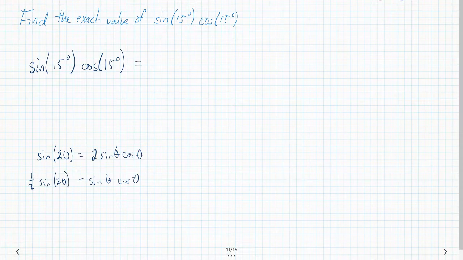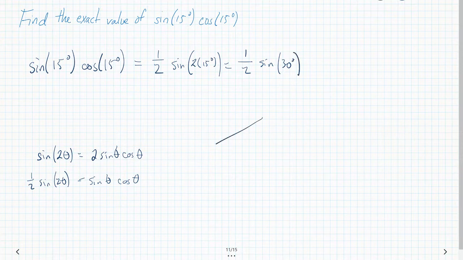So this would be the same thing as 1/2 sine of 2 times 15 degrees, which is just 1/2 sine of 30 degrees, which is a lot more convenient for us to work with because we know that angle, right? And you can see how often we're going back to these triangles.